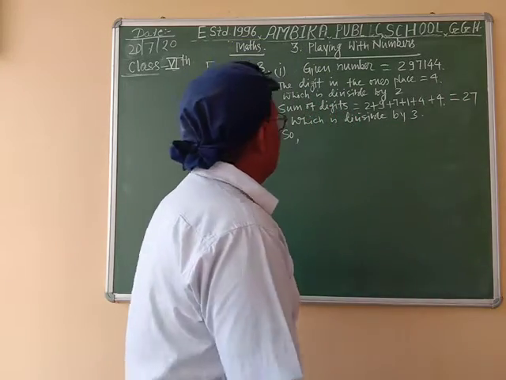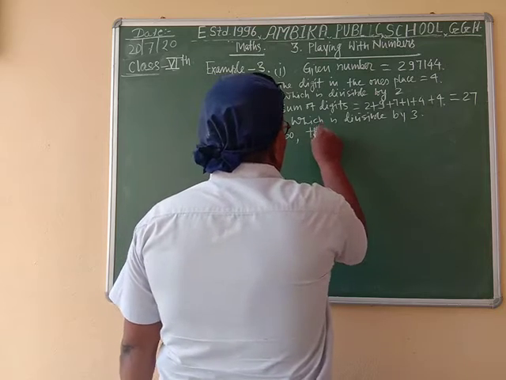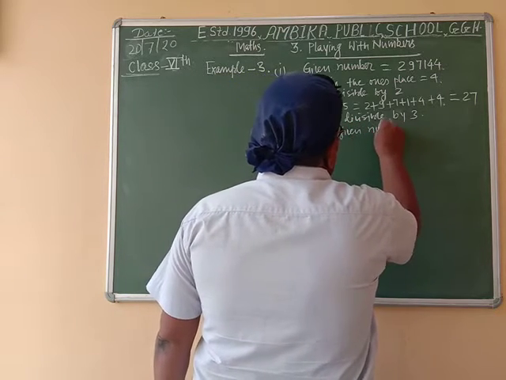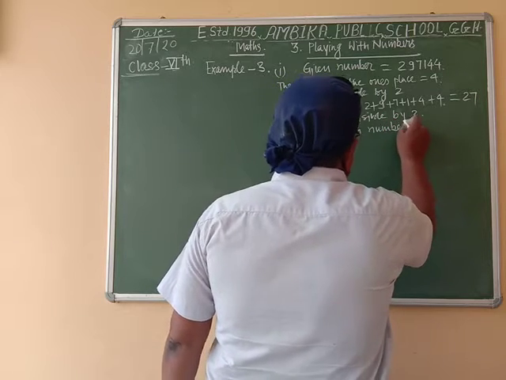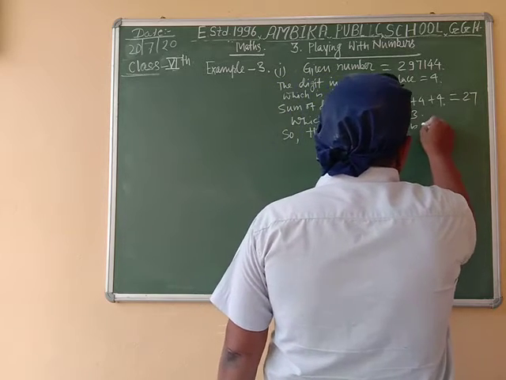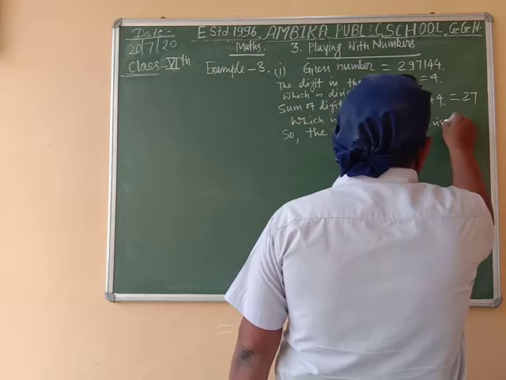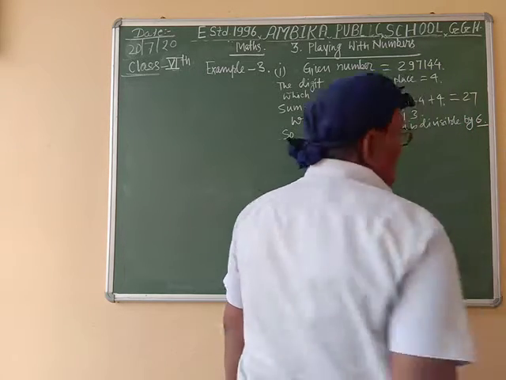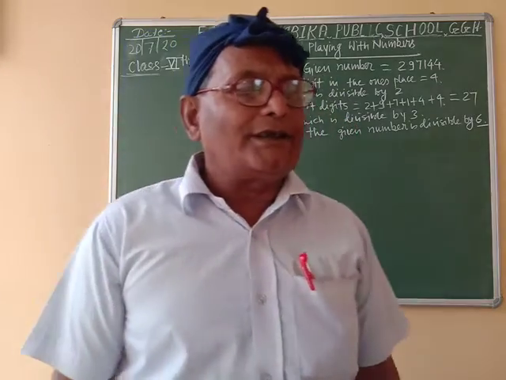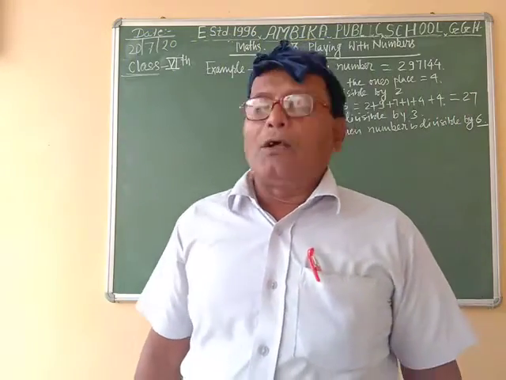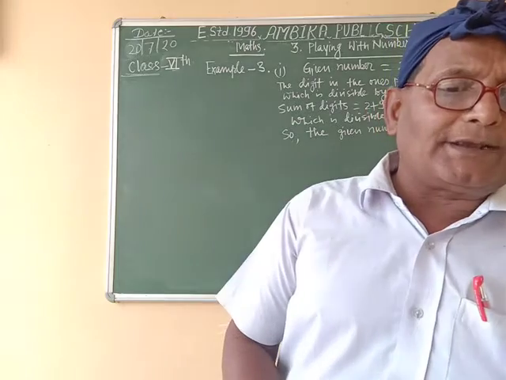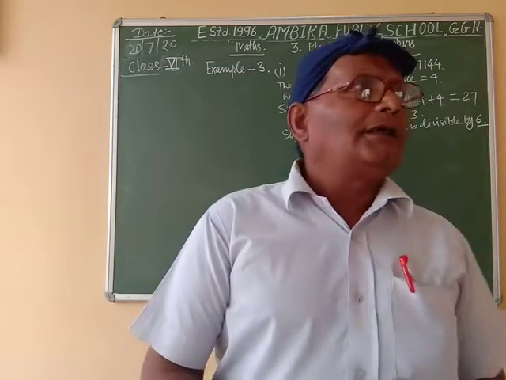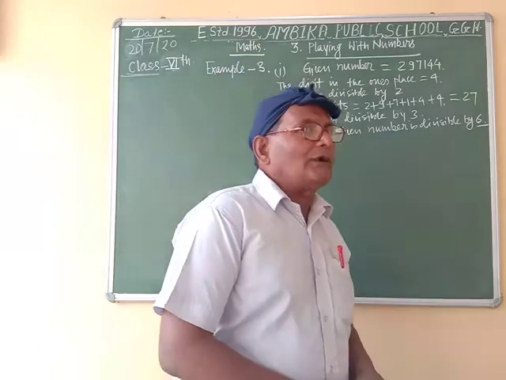So the given number is divisible by 6. So if you are asked to determine whether the given number is divisible by 6, first of all we have to show that it is divisible by both 2 and 3.